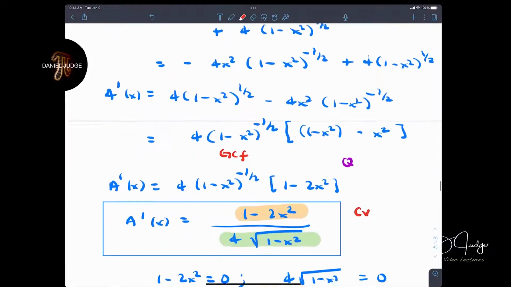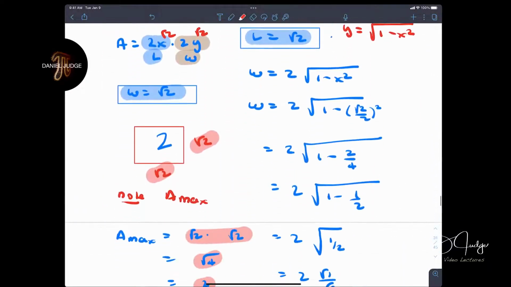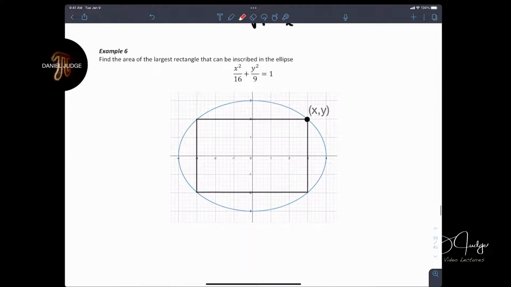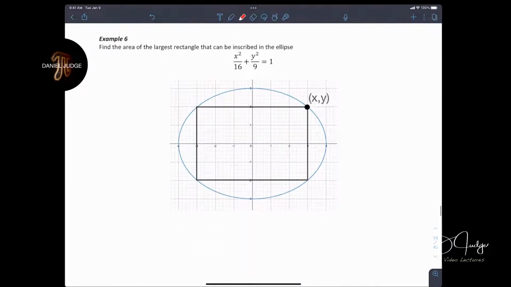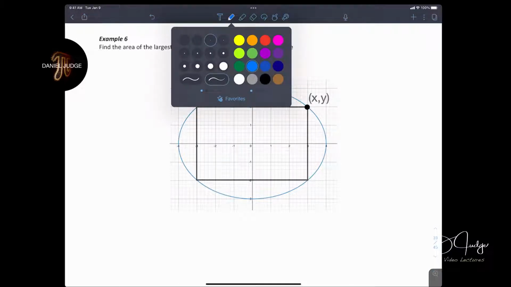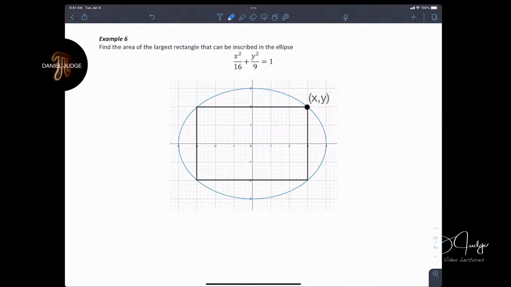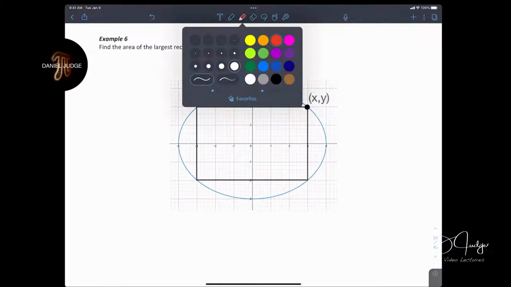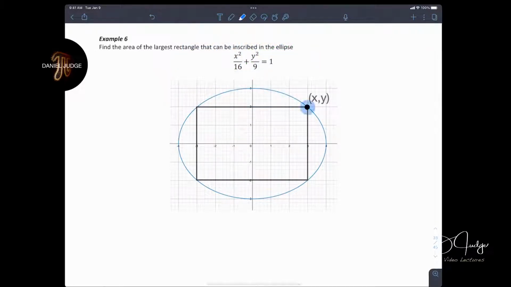Now if we change the question in this way, where you have an ellipse as opposed to a circle, it has the same format. We're going to let this distance here be x. So this length here is x.